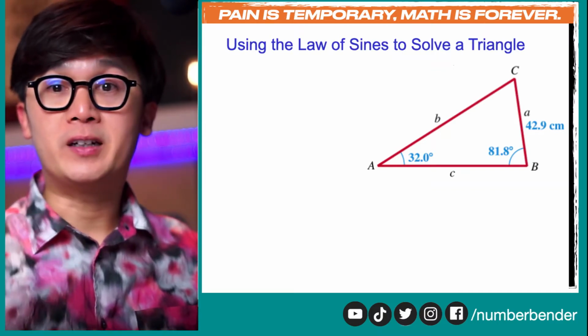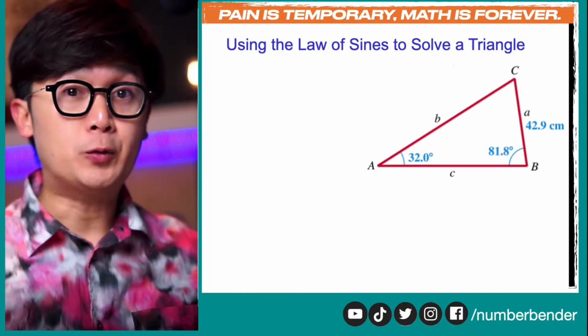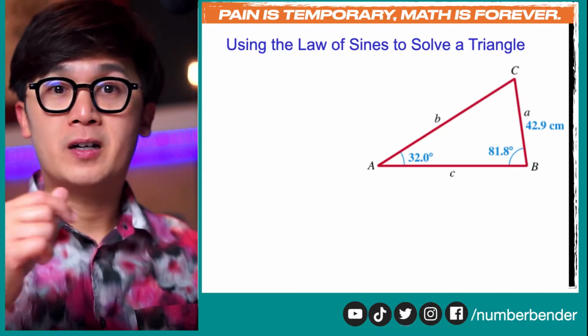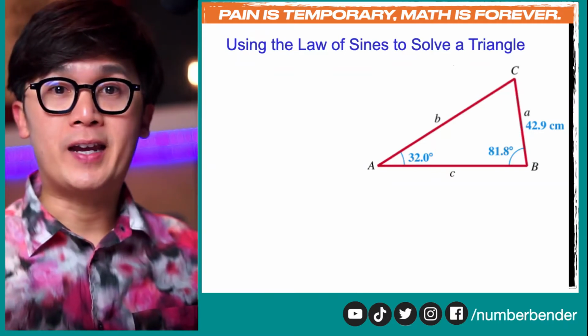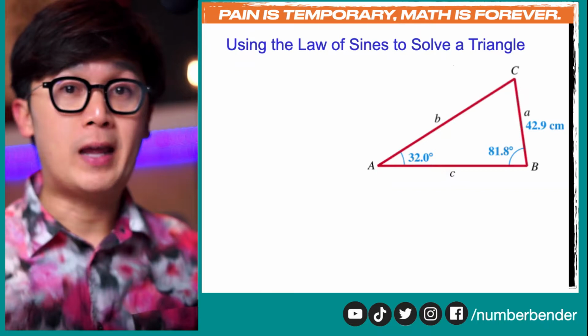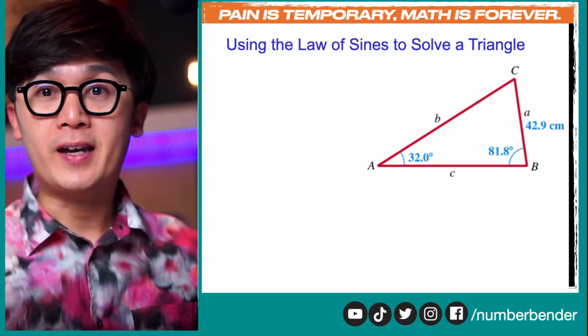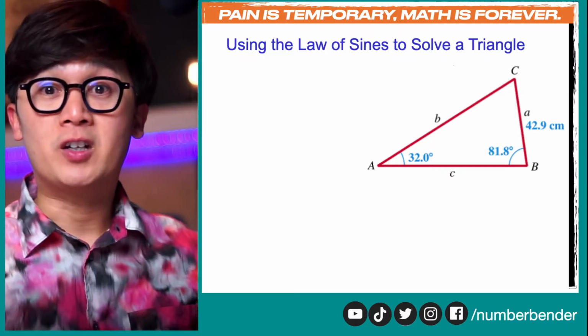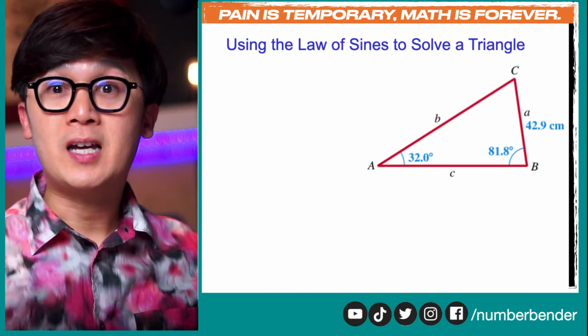For this particular example, you'll notice that the law of sines can be used because we have corresponding parts that will help us in writing the equation to solve for the missing part of this triangle. In this case, we are given the measurement of angle A and angle B, and we are also given side a.